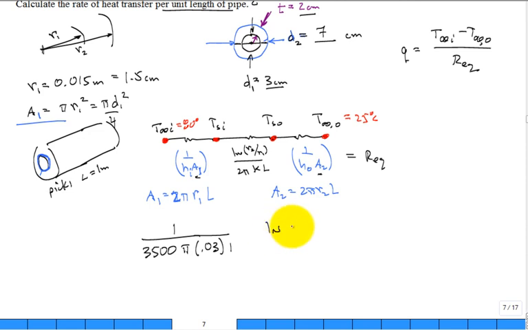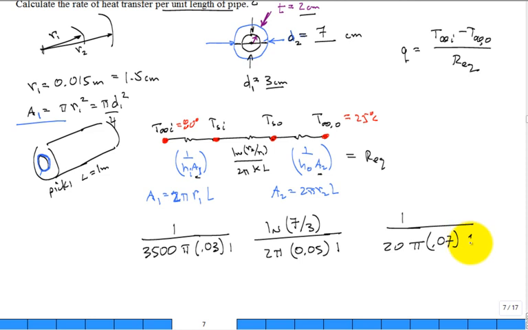You can put either the ratio of the diameters or the ratio of the radii. Either way, it works. Divided by 2 pi k, where k is 0.05 watts per meter degree C, times 1 meter for length L. And then on the outside, the last resistor, 1 over 20 times pi times 0.07 for the diameter times 1.